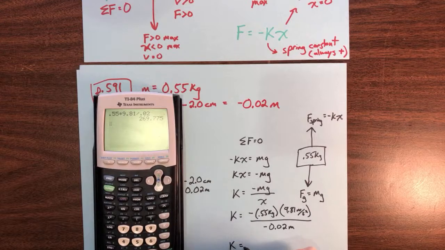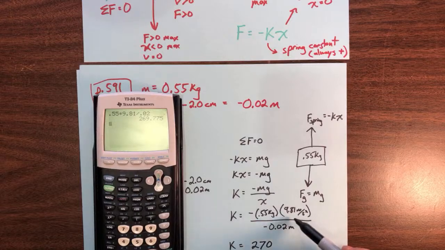So we can say k equals 269.77. You could say 269.8, or you could just simply say 270, okay? That's fine. If you say 269.8, that's fine too. So 270 what? The units are going to be kilograms meters per second squared per meter.